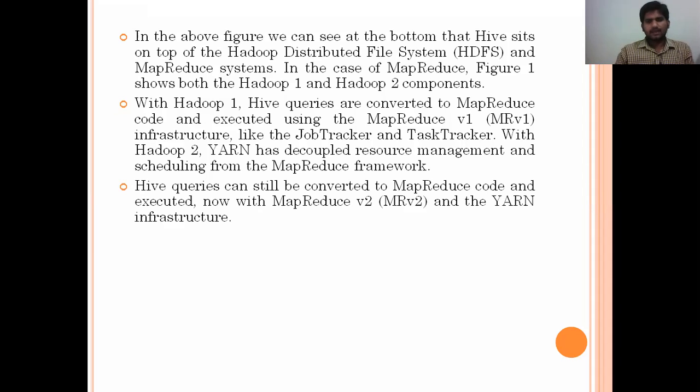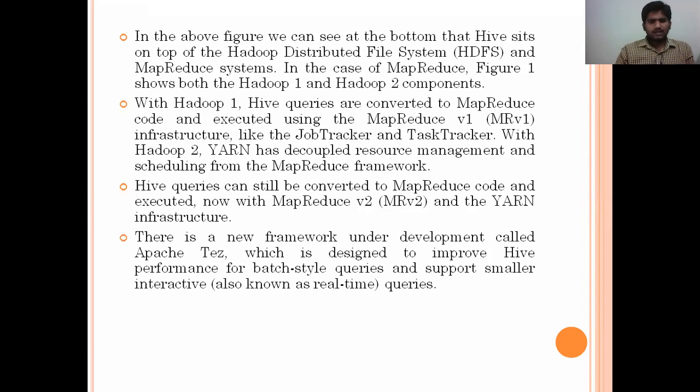So before the queries are run, how are we going to clean the Hive queries? Now with version 2, the YARN infrastructure will be used, so both are combined and we are going to use some infrastructure.